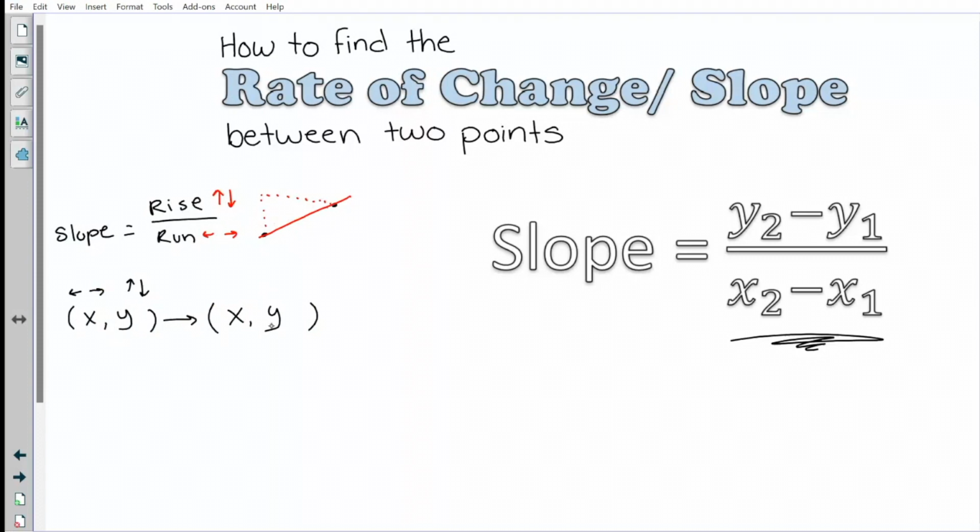This is where we're starting. This is where we're going. I like to think of this as my start point, x1, y1. This is where I began. This is where I'm going to, x2, y2. And now once you have your 2 points, you can plug them into your formula to get your slope, to get your directions, your overall directions.